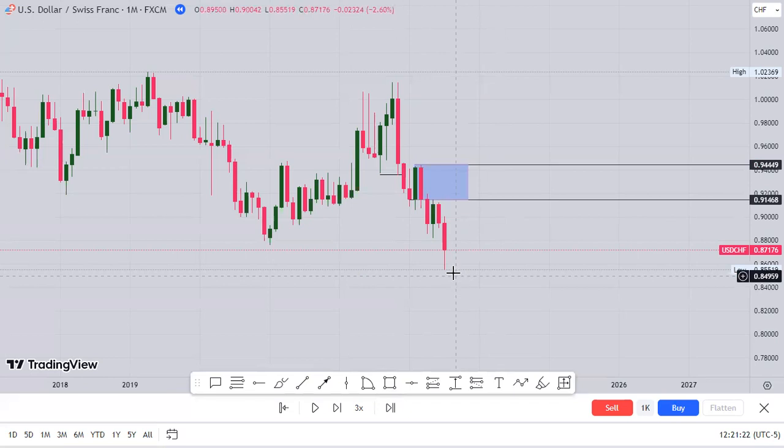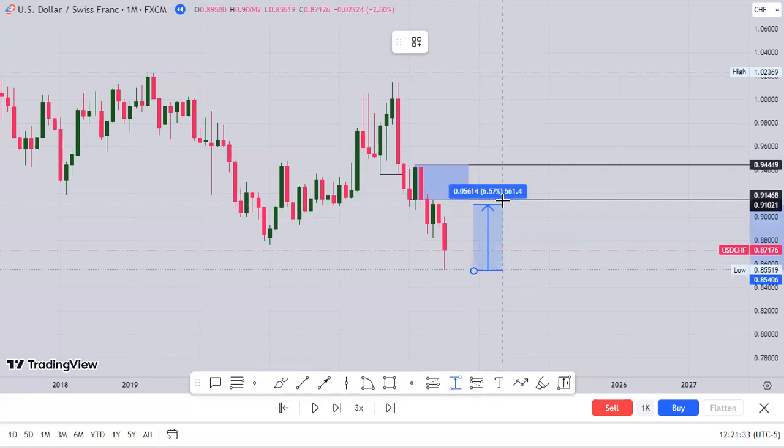But if you can imagine, from where the current price is, if you mark this point and the market returns up to this point, that is 606 pips, which will take, let's say, four months for price to come back to this point. So what will you do?